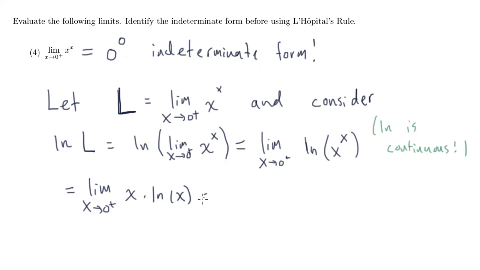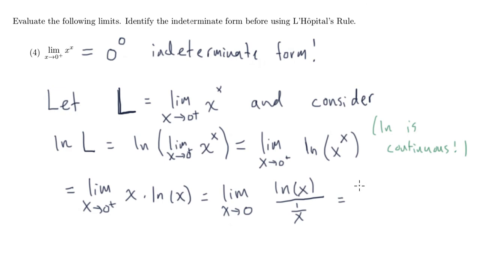But what we can do here is pretty quickly change it to an indeterminate form of infinity over infinity, or really negative infinity over infinity, by rewriting x as 1 over 1 over x. Okay, so it's kind of silly, but x is the same thing as 1 over 1 over x. So these are really exactly the same thing.